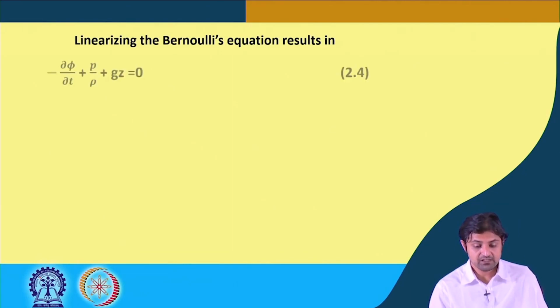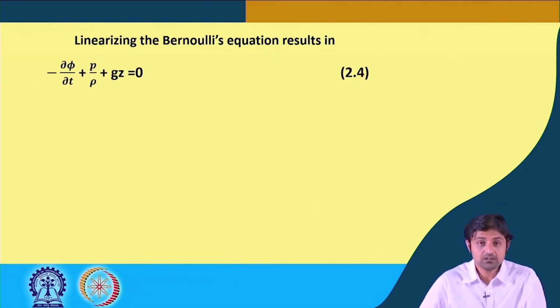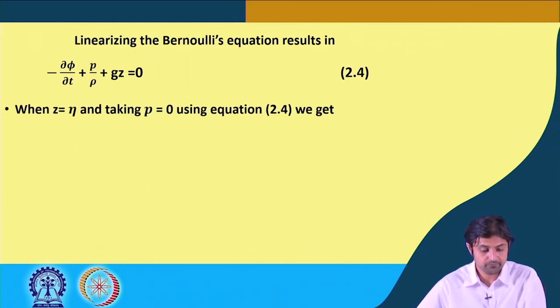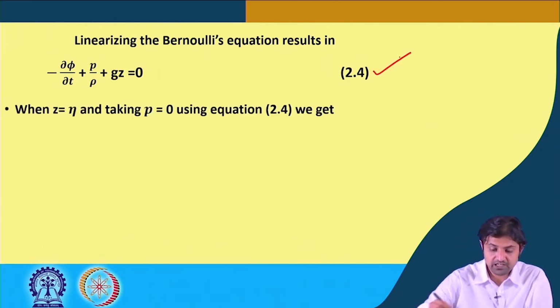Now, if we linearize the Bernoulli's equation, linearizing means taking out the second order term. So, we take out u square plus w square, alright, because those are quite small at the free surface. So, this is the linearized boundary condition.